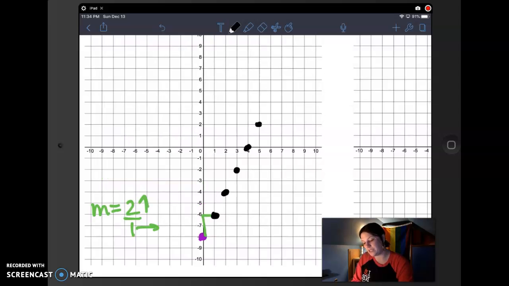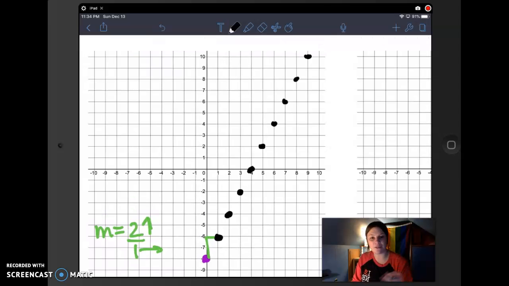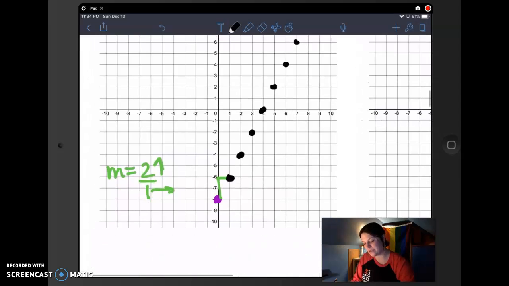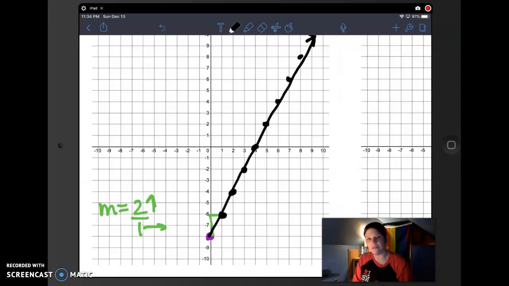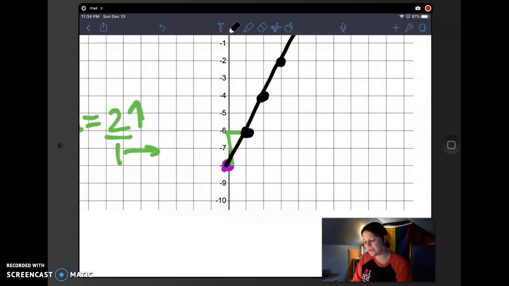And then I'm just going to keep that pattern going for as long as I can until I run out of room. Okay, so there's half of our line. Well, I guess more than half, but could be prettier. Not the most pretty, but it's all right. This other way, we want to have the same shape of our slope triangle. So it's going to be the same shape, but we go the opposite direction, and this part goes that way.